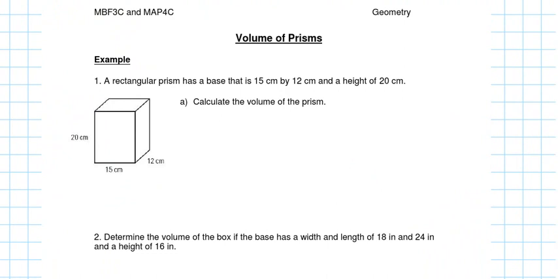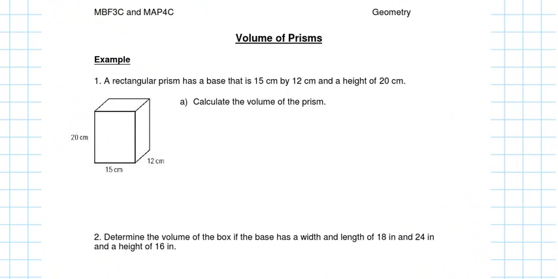Now with the volume, it's how much space does it take? You can also think about it as how much does it fit. The volume is how much material would fit inside of it. If I'm looking at a rectangular prism and I want to find the volume of the prism, what do I need?